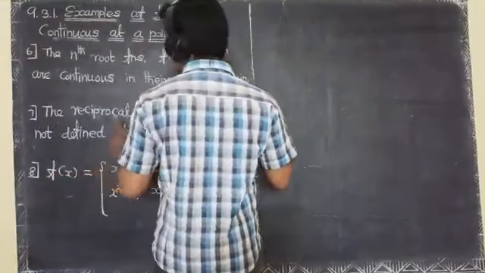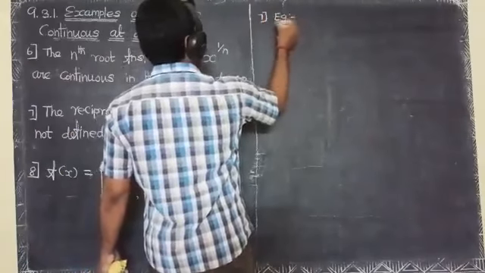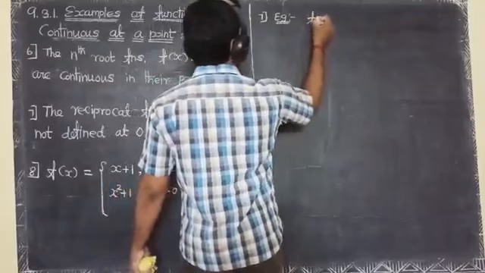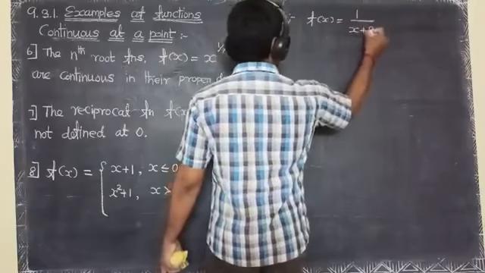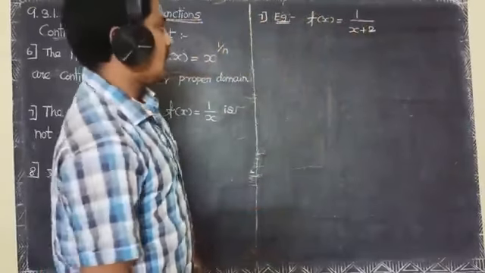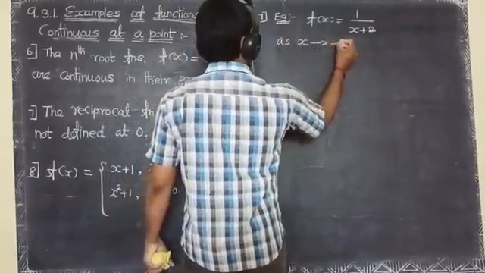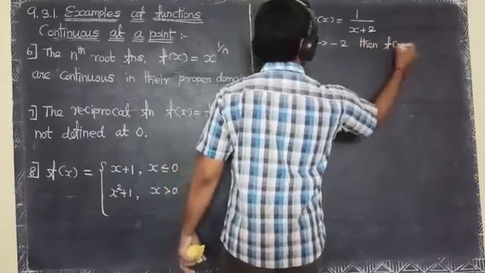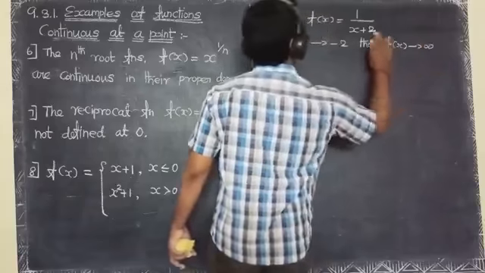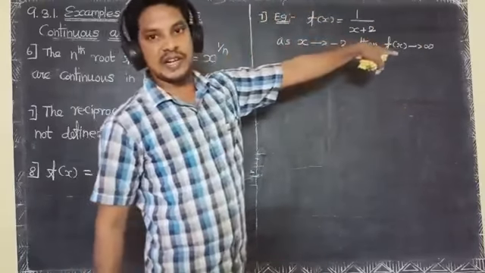It means, question number 7, for example, f of x equal to 1 divided by x plus 2. Here, when x approaches minus 2, f of x approaches infinity. Minus 2 plus 2 is 0, and anything divided by 0 is infinity.